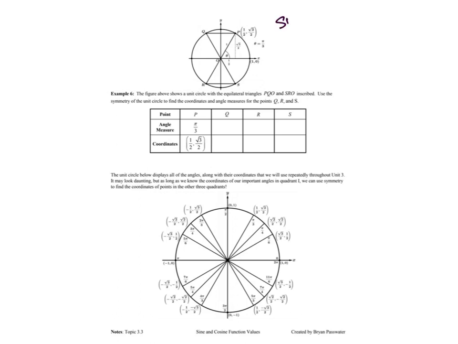For me, I always think short, long. These are short longs. At pi over 4, they're medium mediums. Here is a short long. So if I go pi over 3, then my next one over is going to be 2 pi over 3, and then 3 pi over 3, and then 4 pi over 3, good. 5 pi over 3, and 6 pi over 3 takes me all the way back around.